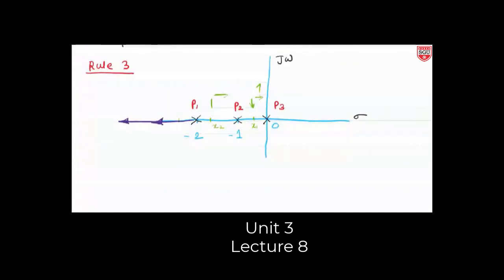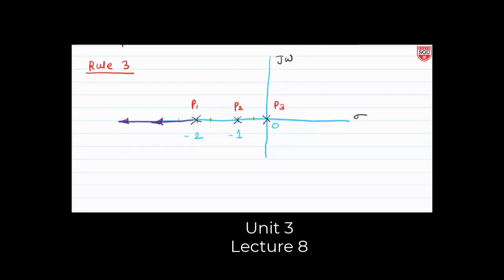Means the branch which is starting from point P2 will move towards the X1 direction. So I will draw that, like this, somewhere here in this direction.